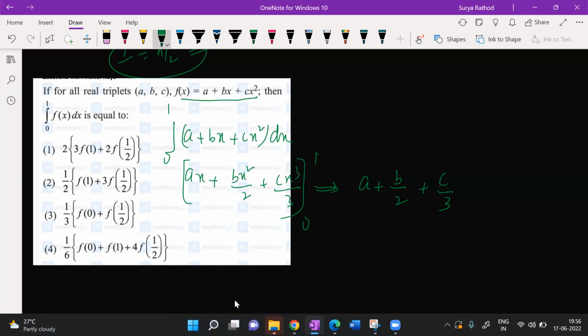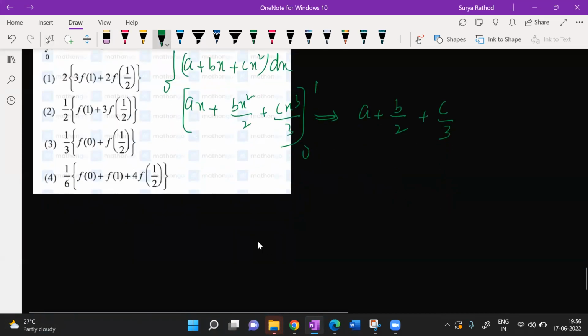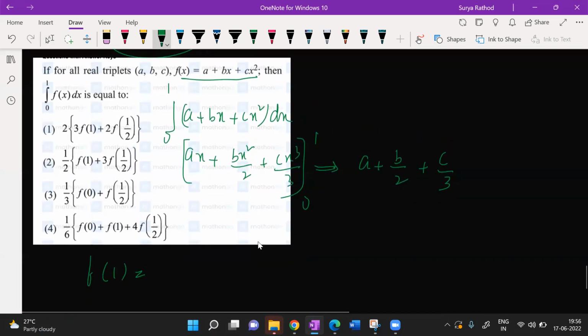First of all, look at the options. Every option includes f of 1, f of 0, f of 1 by 2, something like that. So let me find out f of 1 first. F of 1 is what?